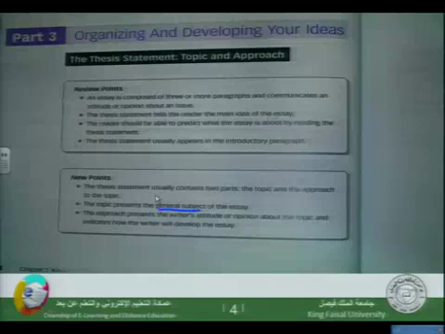A third point is the approach presents the writer's attitude or opinion about the topic and indicates how the writer will develop the essay.